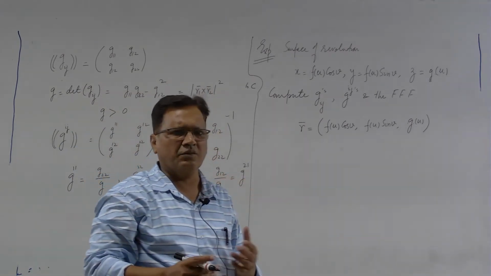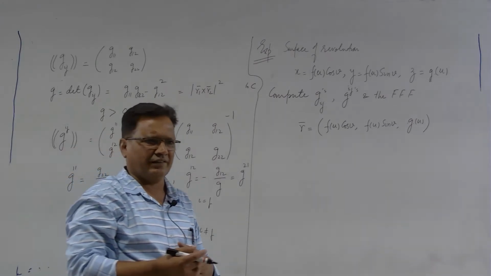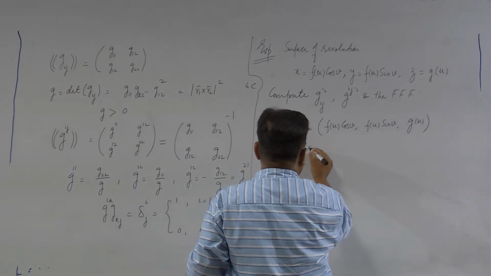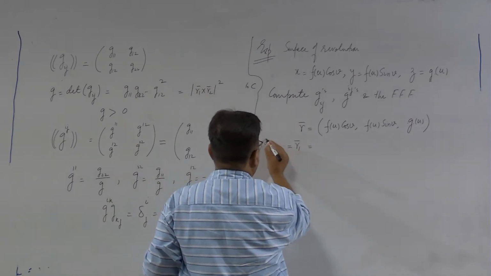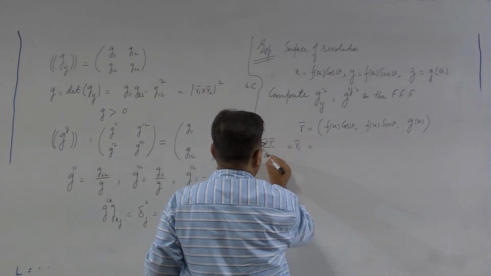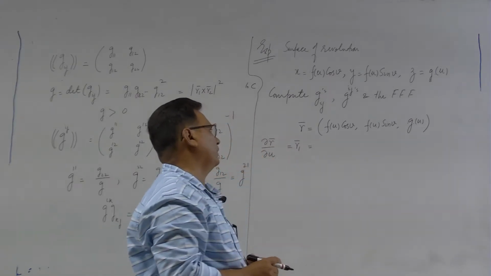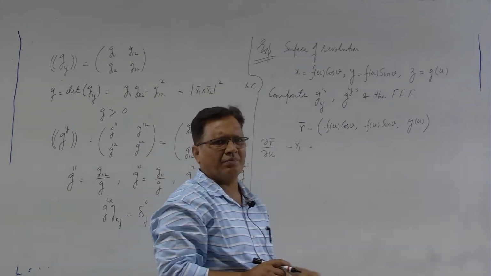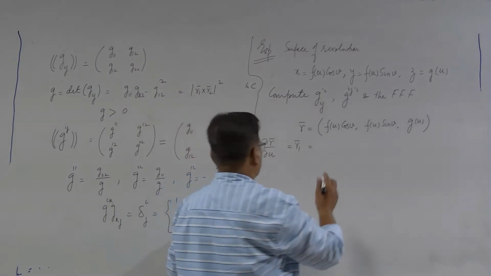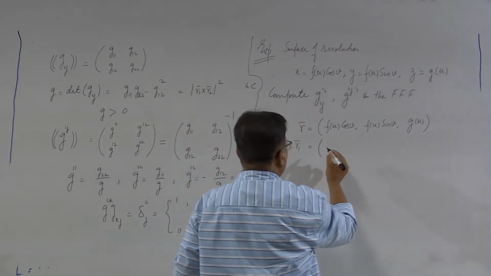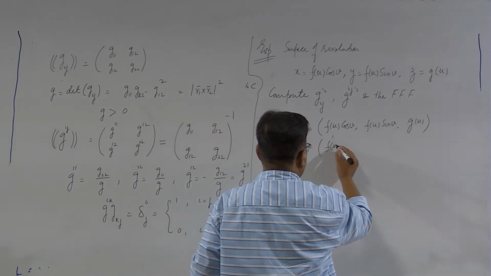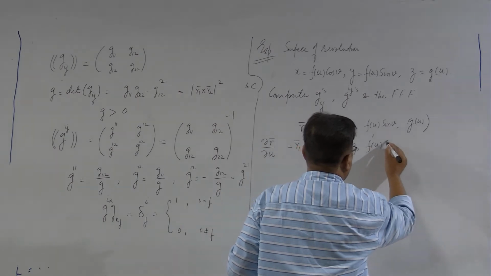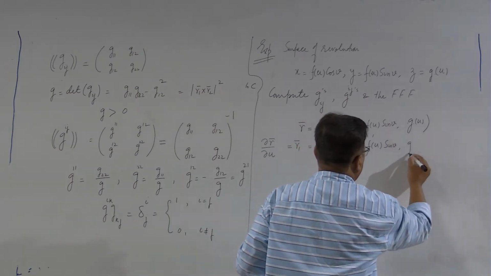The g ij's are nothing but the dot products of the basic tangent vectors. First of all I will work out the basic tangent vector r 1, which by definition is del r over del u. The two parameters over here are u and v. The first I assume is u and the second parameter is v. So, del r over del u is f dash u cos v, f dash u sin v, and this is g dash u.